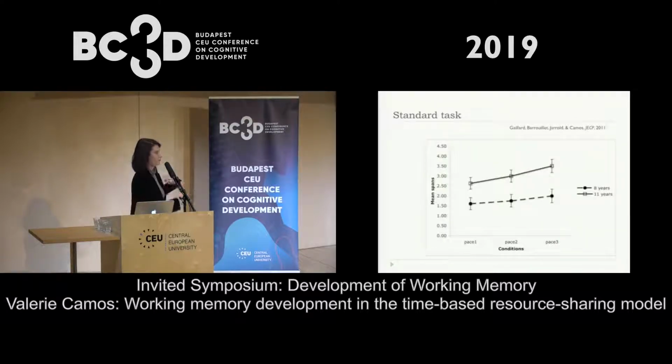What we observe replicates previous findings: first, the older kids do better than the younger kids, but also we replicate this linear function in both age groups, and the slope was steeper in the older group than in the younger group. That just replicates previous findings.